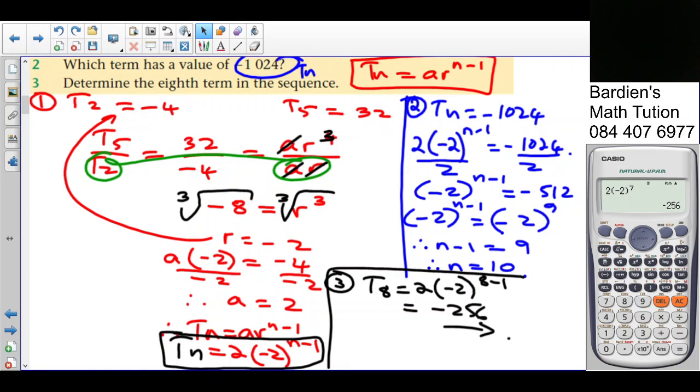Now what? Now what do we do? Divide by 2 both sides. So it's negative 2 raised to the exponent n minus 1 is equal to negative 512. Now what?